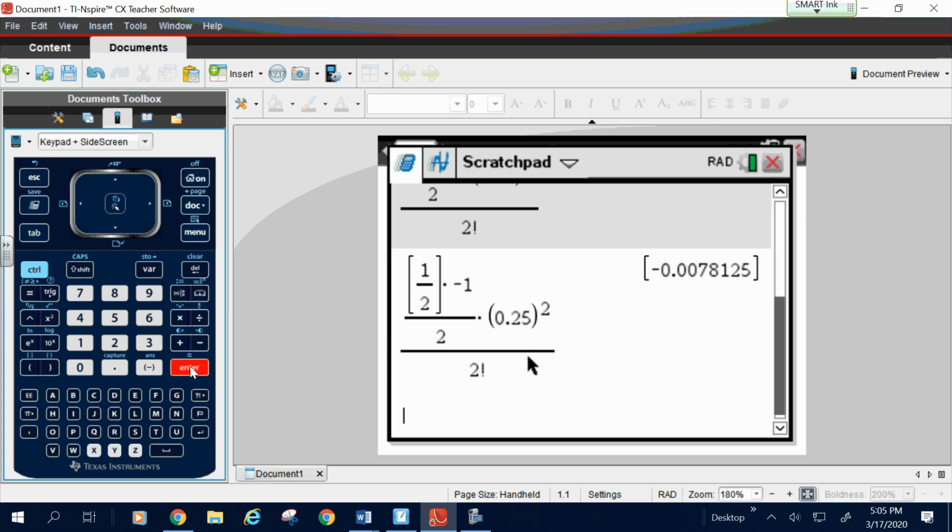All right, I feel like that's good. So I got negative 0.007. Now that's not less than 1,000th as far as absolute value goes.